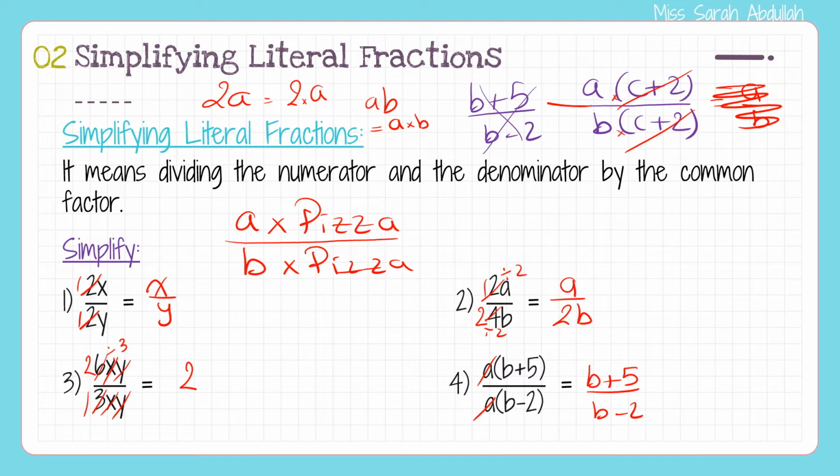All right, we can cancel pizza with pizza. There you go. And the answer becomes a over b. Okay, so as long as all the expression is put in one parenthesis and it is repeated in the denominator, and the whole multiplication sentence contains only multiplication outside the parenthesis, then I can cancel them.